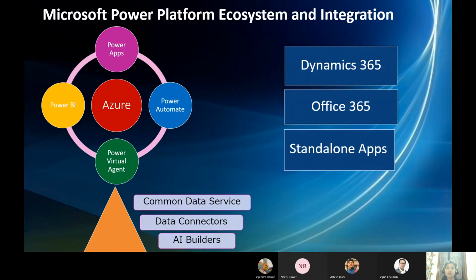And when we talk about custom entities, it is very similar to having data or records in an Excel table. So there is nothing very hardcore development, or you need to be a pro developer. Even a citizen developer can work well on the Power Platform. So we have Common Data Service, data connectors, and AI Builder to work with the Microsoft Power Platform ecosystem, which makes the integration very smooth.